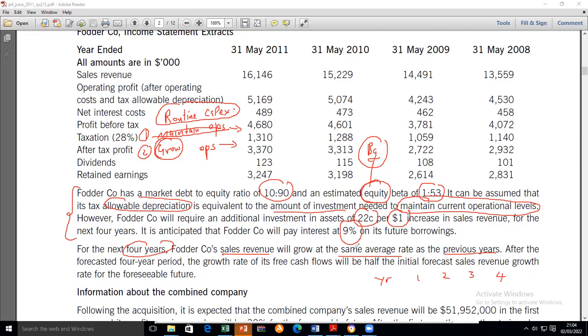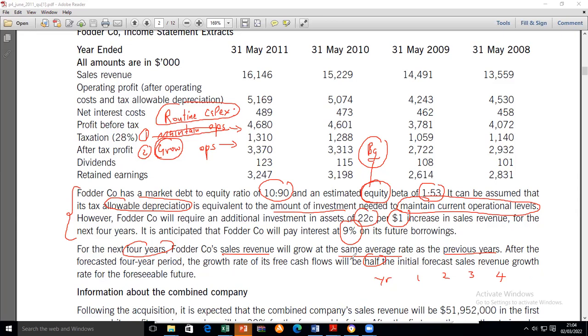So we need to find this average growth. After the forecasted 4-year period, the growth rate of its free cash flow will be half the initial forecast sales revenue growth for the foreseeable future.